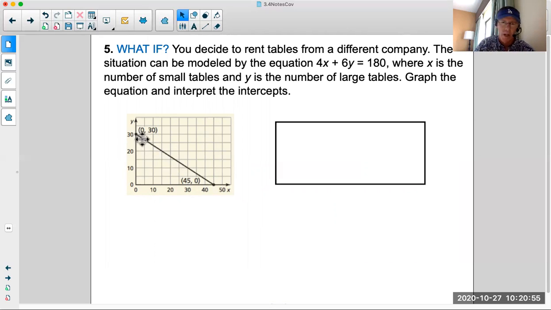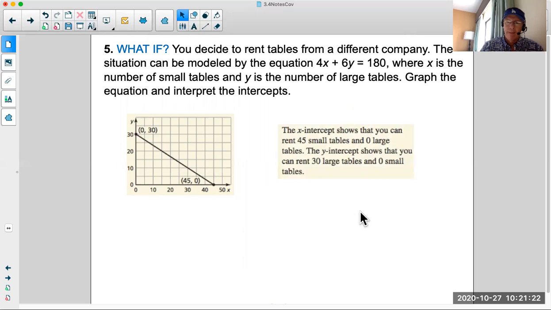We can draw our line and then we could look for other possible situations that would work. And it looks like right there, there's one that's 15 comma 20. Notice 15 times 4 is 60. 20 times 6 is 120. 60 plus 120 equals 180. Okay, and I think there's another one right there and so on.